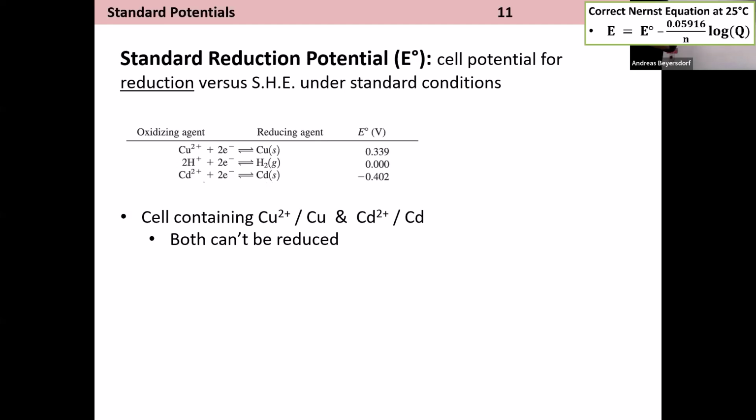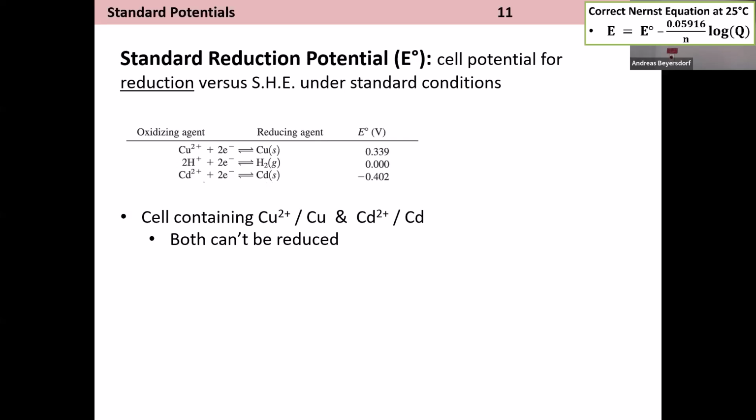Why? It has a higher reduction potential. The one of us with the highest potential to become a basketball player is going to play in the NBA. I don't think any of us are, but it'd be the most likely. You have the highest potential, that means you're the most likely to be, in this case, reduced. So that means copper would be reduced.